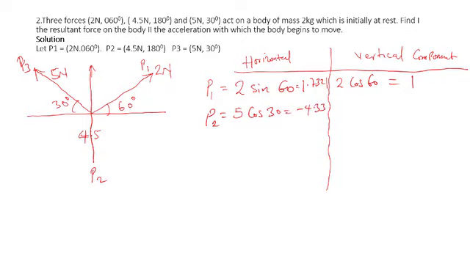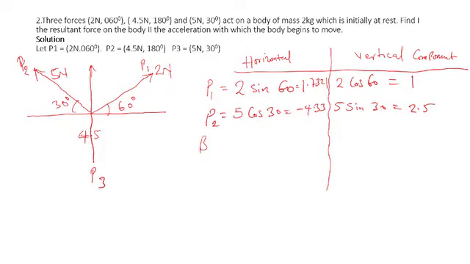And resolving the other component, it is 5 sine 30, which is equal to 2.5. So these are P3 and these are P2; we take P2 from this direction.